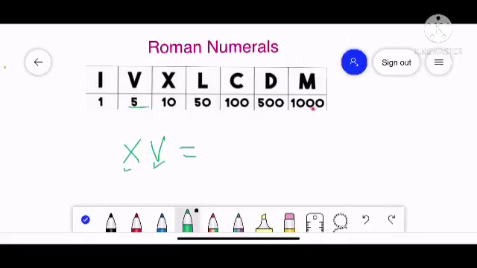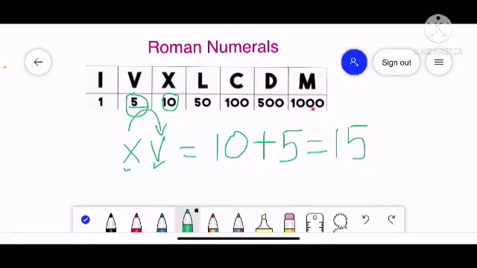You can see it from the table also. V is smaller than X and it is written to the right side of X. If the smaller value is written to the right side, then we add the numbers. So, 10 plus 5 is equal to 15.